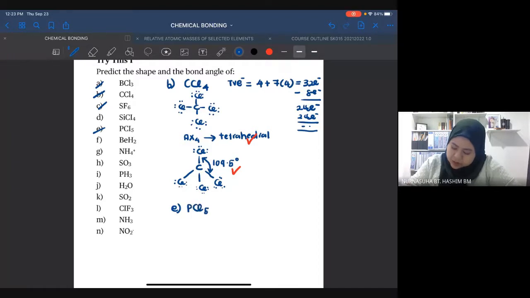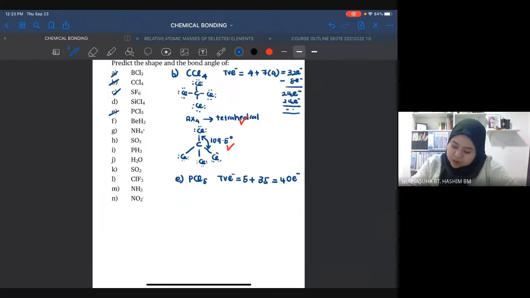PCl5. So for PCl5, phosphorus 5 electron, chlorine 7 kan? 7, so 35. So total electron is 40 electron. So you draw the Lewis structure first. Ingat Lewis structure tak kira lah you nak buat macam mana.